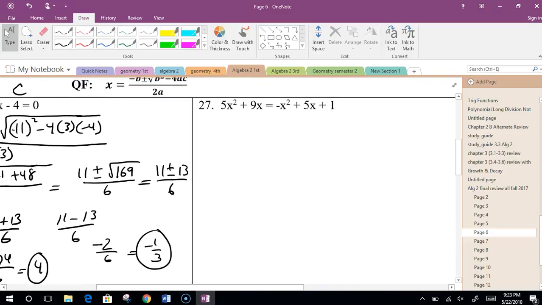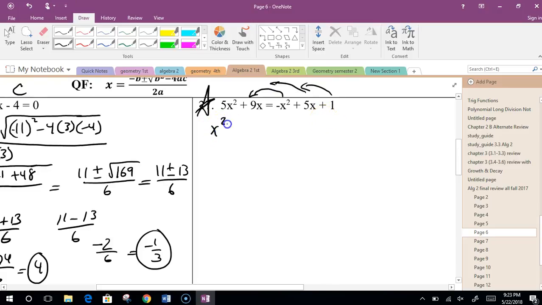Now in problem 27, which we said was one that you definitely want to make sure you keep an eye on, we're going to need to have everything on one side of the equal sign. Now because this x squared happens to be negative, I'm going to move everything to the other side of the equal sign. I'm going to make it equal 0 on the right side.